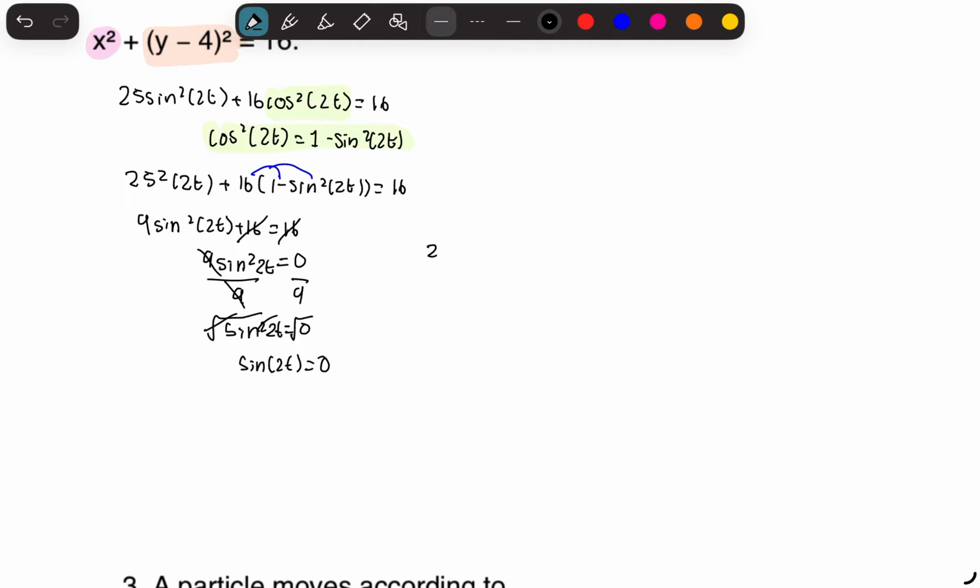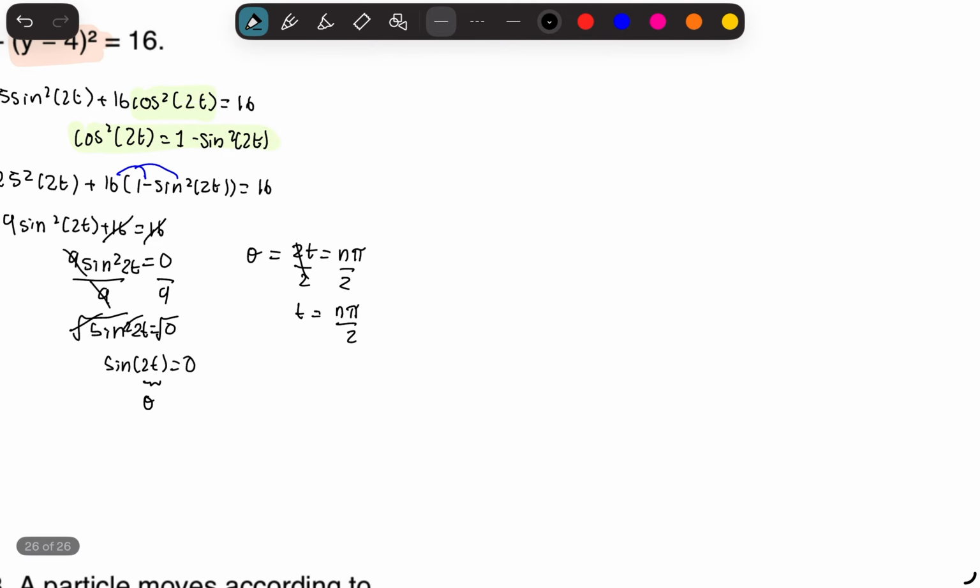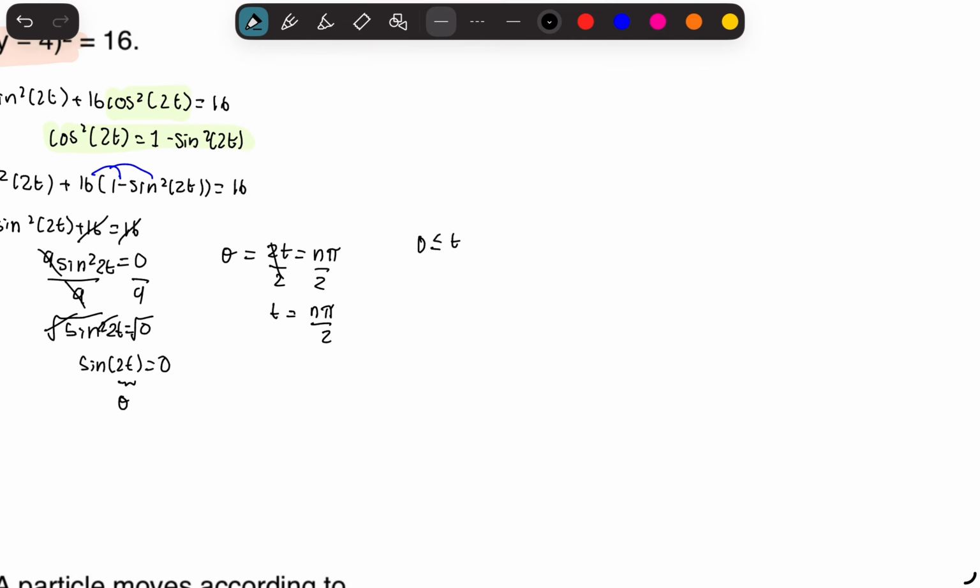Now 2t, that is your theta, is equal to n pi. Therefore, if you divide both sides by 2, t is equal to n pi over 2. Now your values in 0 less than or equal to t less than or equal to 2 pi, that is 0, pi over 2, pi, 3 pi over 2, 2 pi.